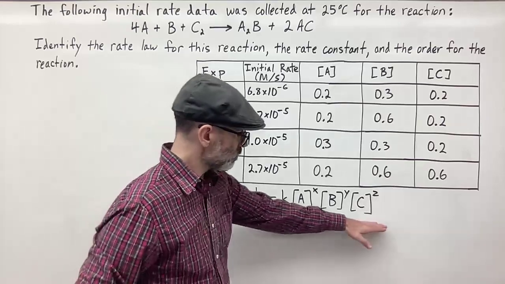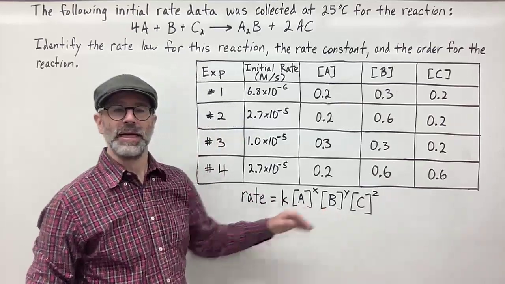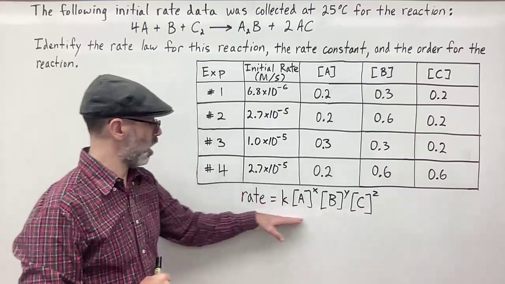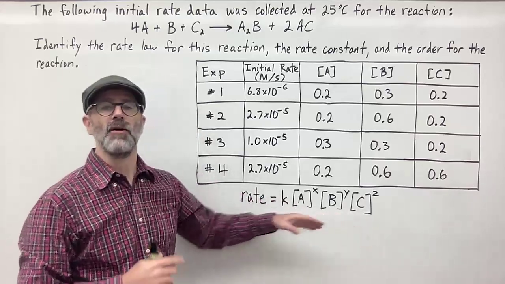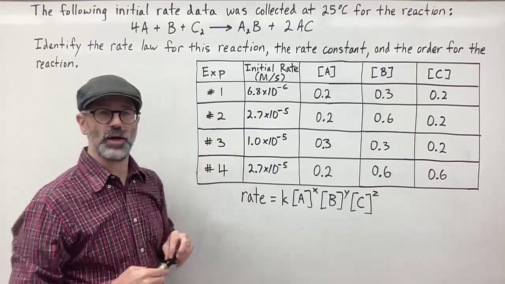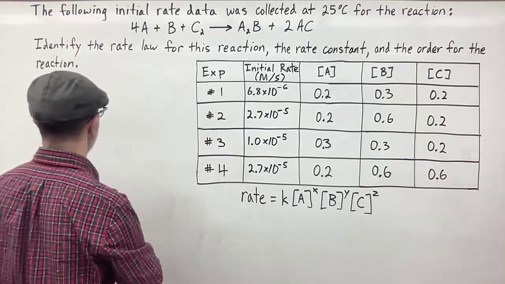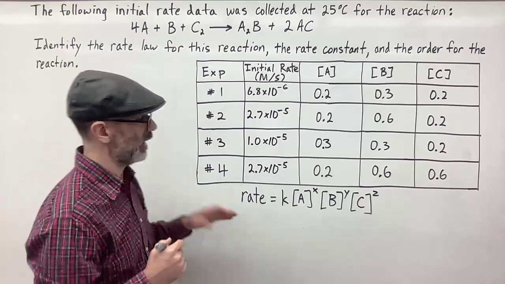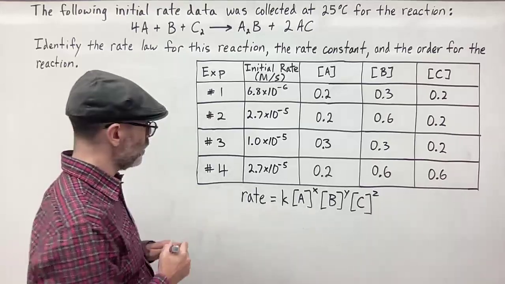So the way we can do this is we're going to write the information into our equation here for both experiments 1 and 3. So let's go ahead and do that. So over here, I'll write it here.